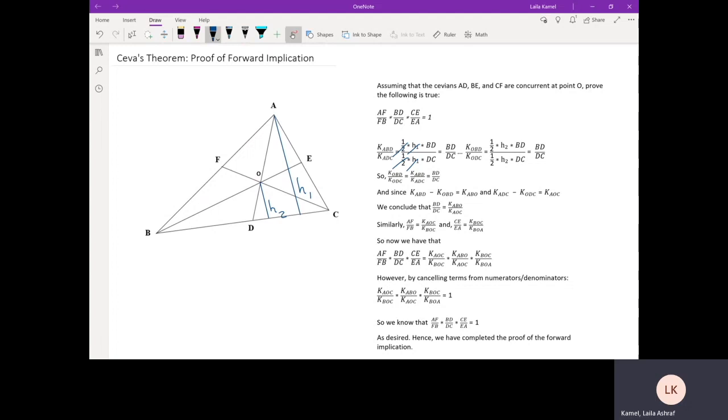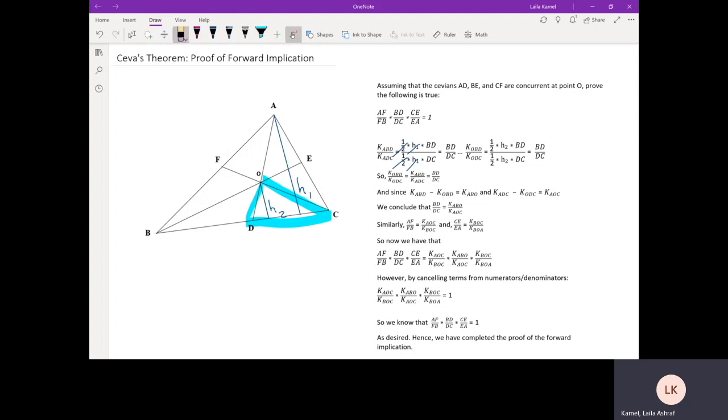And there's a similar thing going on for the area of triangle OBD over the area of triangle ODC. Looking at OBD right here, its area is 1/2 times H2 times BD, and the area of triangle ODC is equal to 1/2 times H2 times DC.